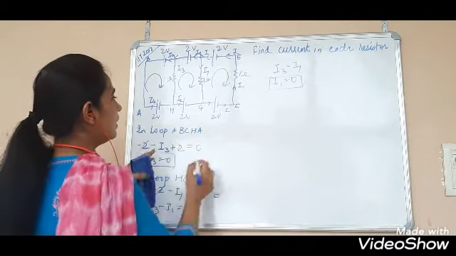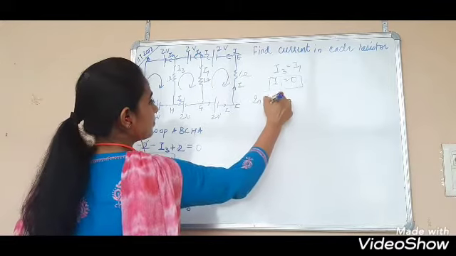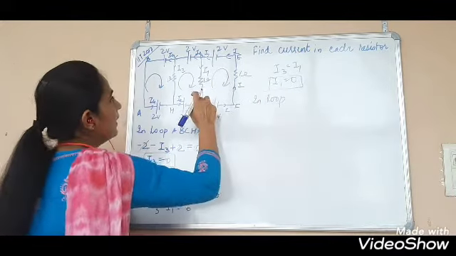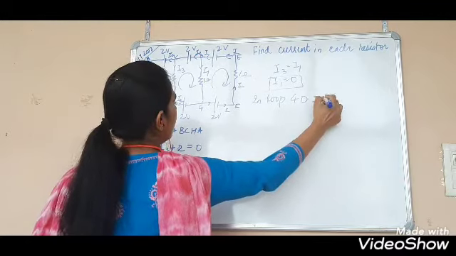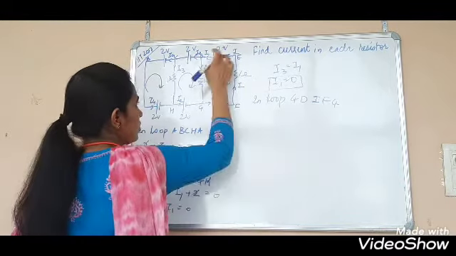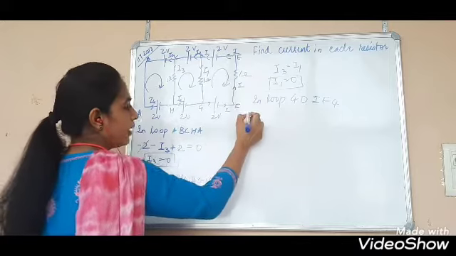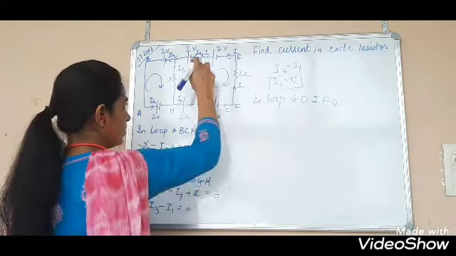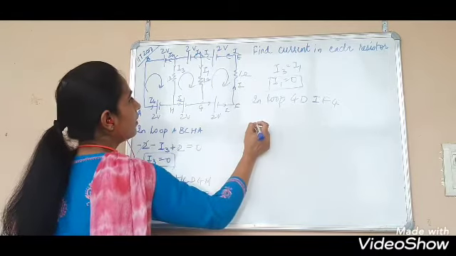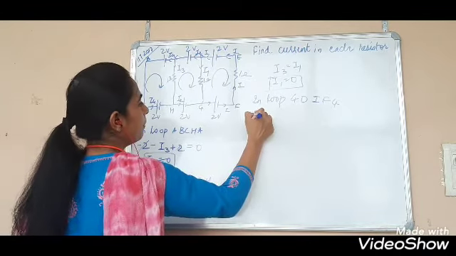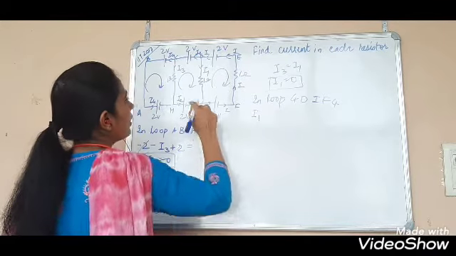Then in loop G, D, I, F, G. Here, going from G to D, your path and current are in the opposite direction, so plus I1.